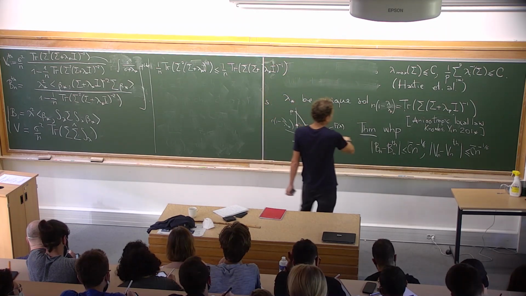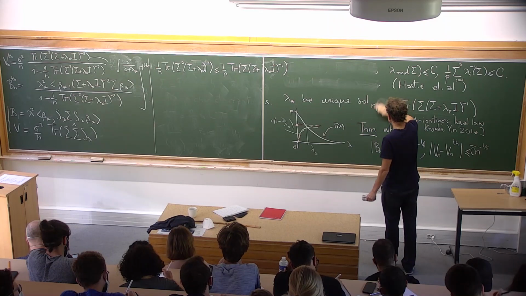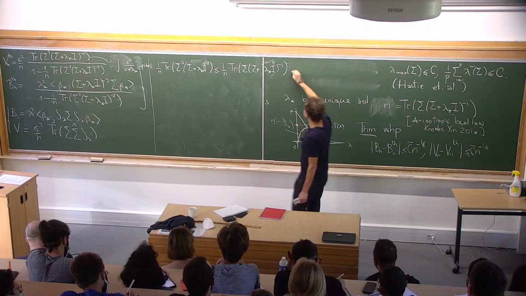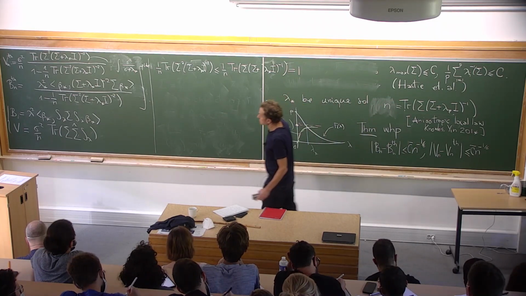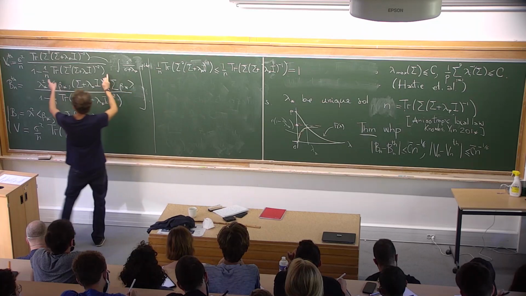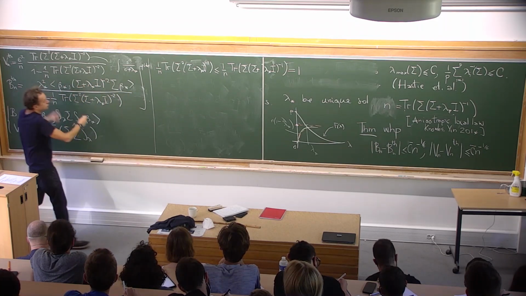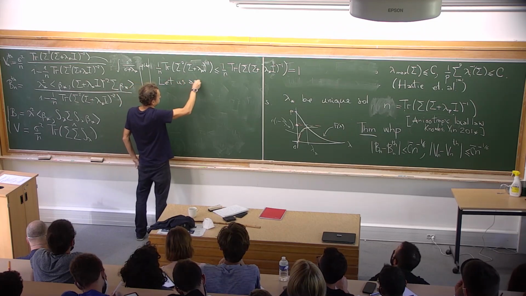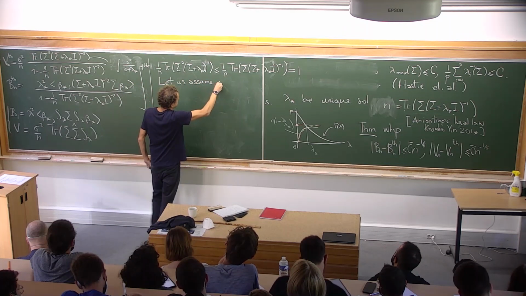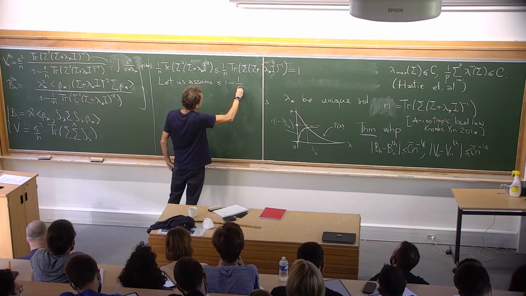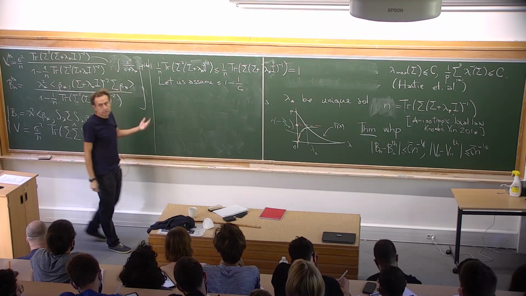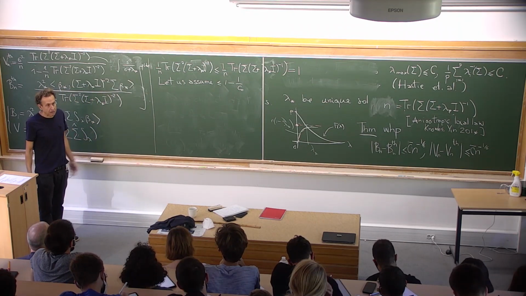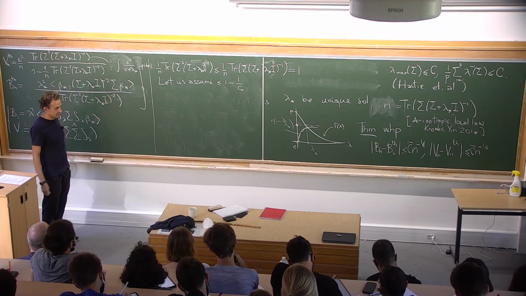If you look at it, let's go back to the case lambda equals 0. This is exactly 1. So this object here, as it should be, is less than 1. So let's assume that it is strictly less than 1 minus 1 over a constant. In fact, in many cases, it's easy to show that it's strictly bounded away from 1. So let's say that it is less than 0.9.